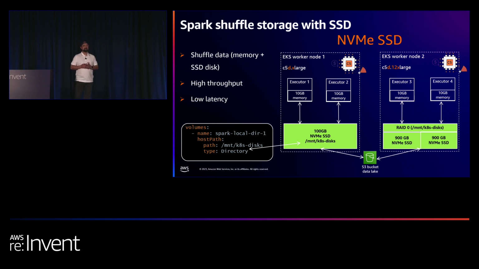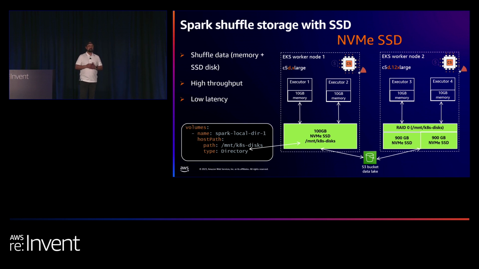When it comes to using these volumes as your shuffle data for Spark jobs, you can use the Spark local directory to point to that specific storage. You can use host path. In this case, as you see on the slide, there is a volume that defines the host path.